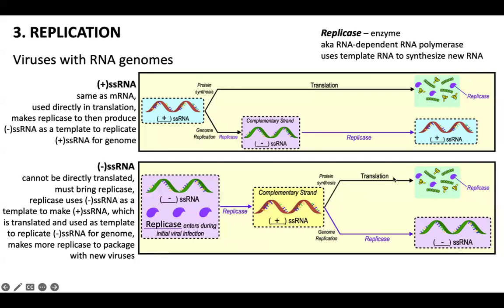Now this can be used for translation, and it can make more replicase along with other capsid parts. And then this complementary strand that it made can also be used with replicase to make more copies of the negative strand.